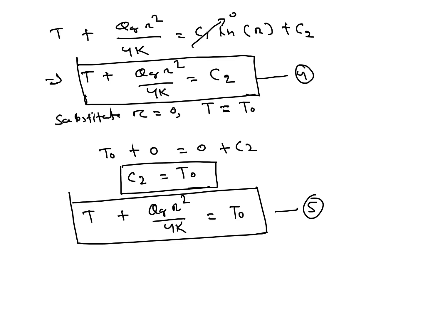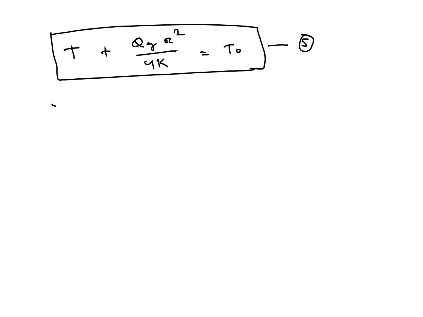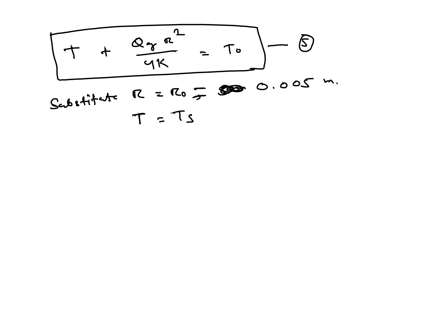Then again substitute r equal to Ro for the outer surface, its value equal to 5 mm. In meter terms we have to write 0.005 meter. Surface temperature is Ts in equation 5. So T equal to Ts plus Qg Ro square divided by 4k equal to T0.